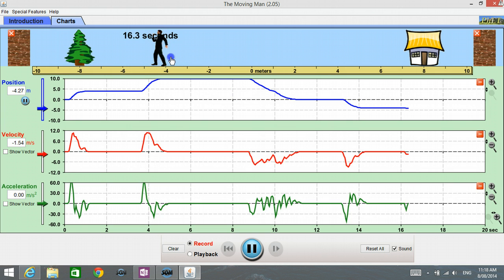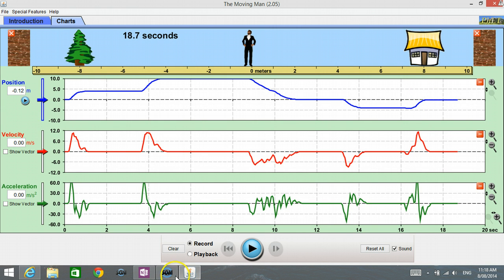Now if I move it back, it looks like this. So this is a position time graph. It only deals with one-dimensional movement. It looks like uphill and downhill, but actually it's just moving forward, forward, backward, backward, forward.